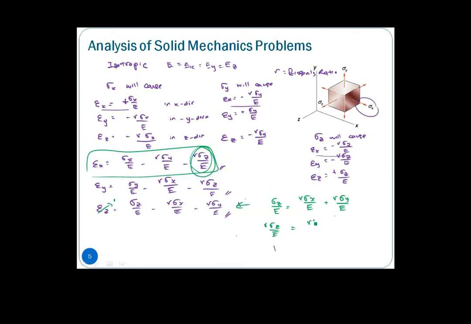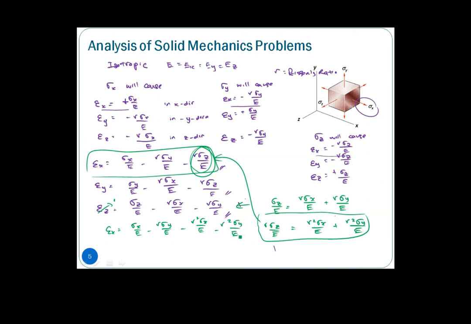So basically it's nu square sigma X over E plus nu square sigma Y over E. So if you combine them, and we substitute this into here, then epsilon X is equal to sigma X over E minus nu sigma Y over E. Then we also have minus nu square sigma X over E minus nu square sigma Y over E. Right, this nu is our Poisson ratio.